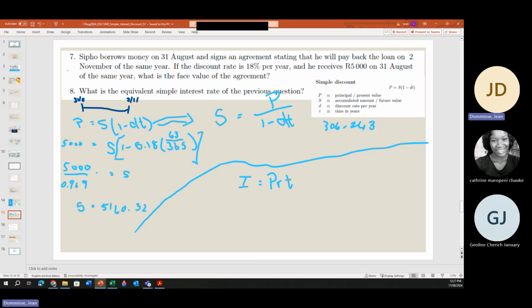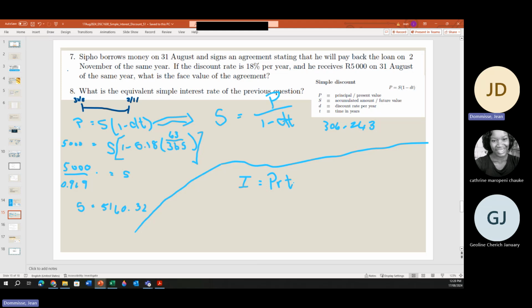We have the interest and we have the term, so we can work out what that is.